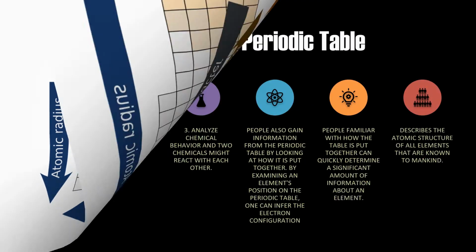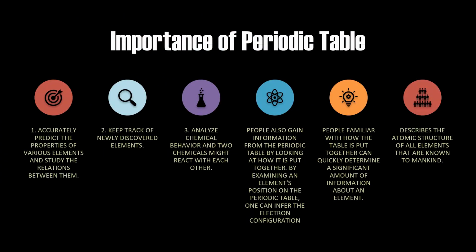There are several important uses of the periodic table. The first is to accurately predict the properties of various elements and study relations between them. Second is to keep track of newly discovered elements. The next is that it analyzes chemical behavior and how two chemicals might react with each other. And fourth, people also gain information from the periodic table by looking at how it's put together.